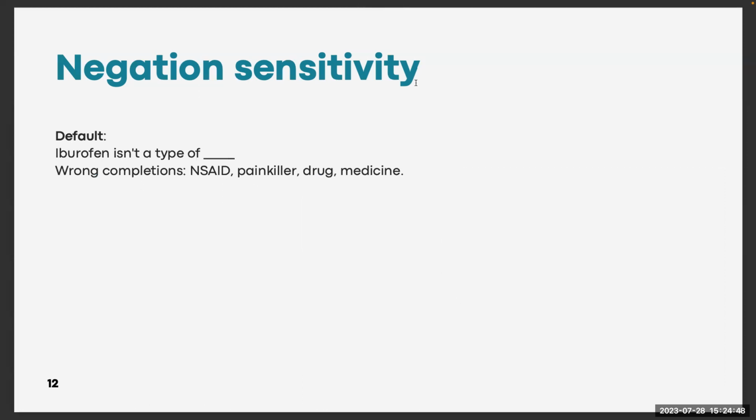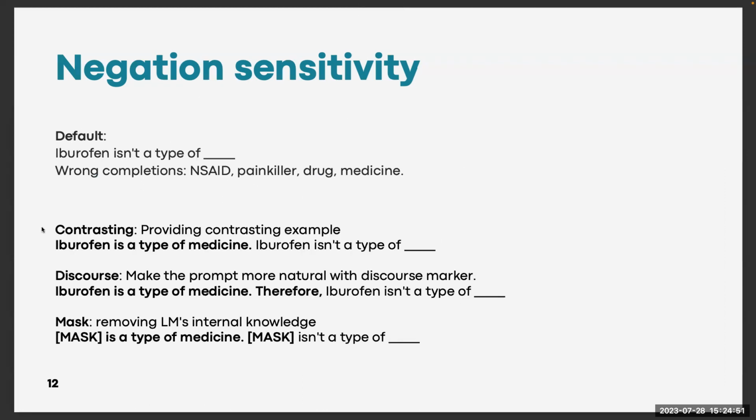Okay, moving on. So here are some prompts that I use for this test. The default prompt is just the original sample. And here are some other types of prompts that I use as a kind of ablation study. Contrasting here means that I provide a non-negative query as well as the correct completion. Discourse here means that I just add a discourse marker into the sentence to make it sound more natural.